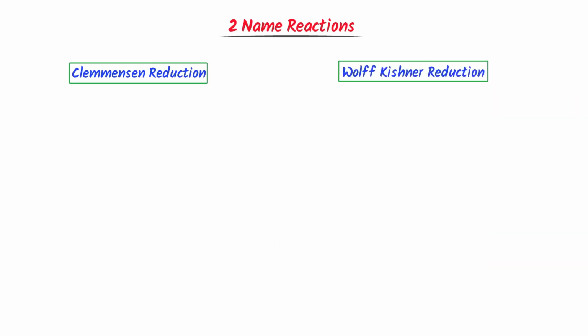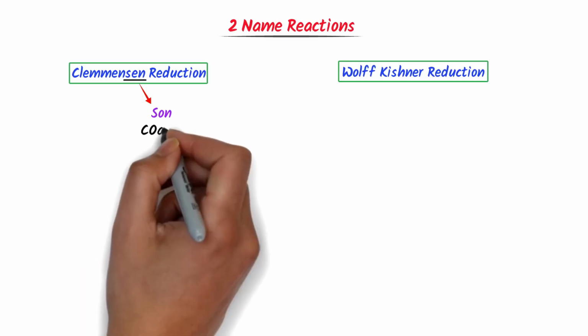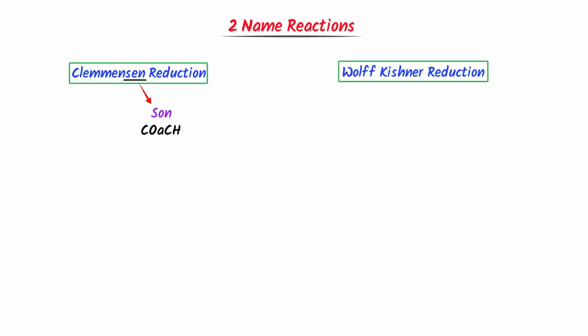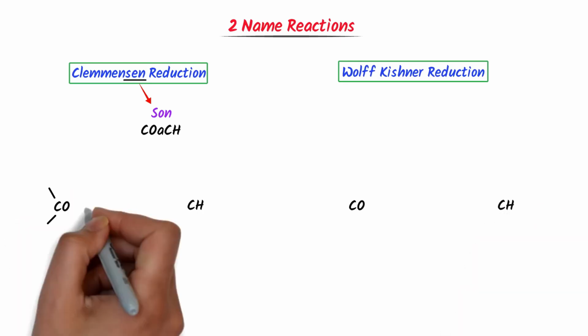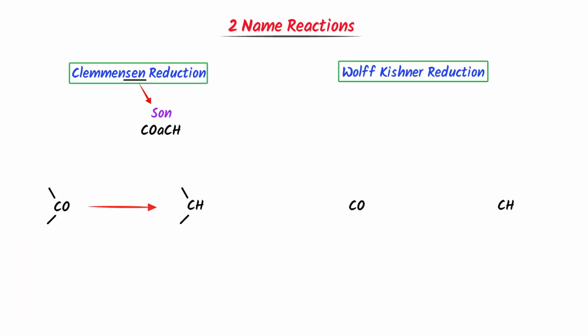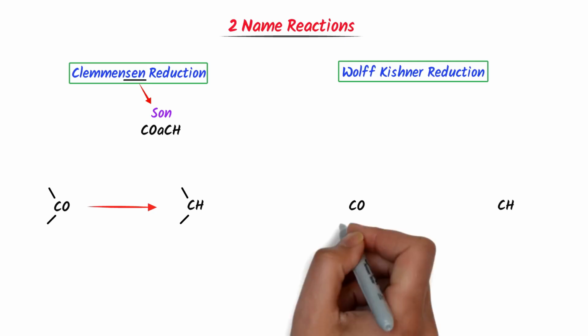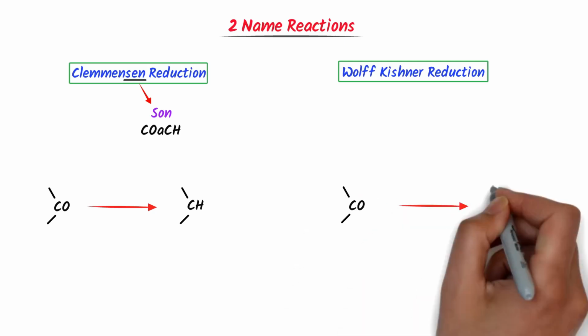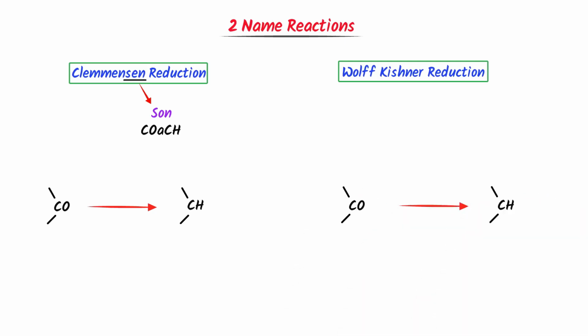Now listen carefully. In the Clemmensen, there is the word son. We know that every son needs a coach. Remember that I write here CO and I write there CH2. Similarly, I write here CO and I write there CH2. This CO is the reactant and this CH2 is the product.